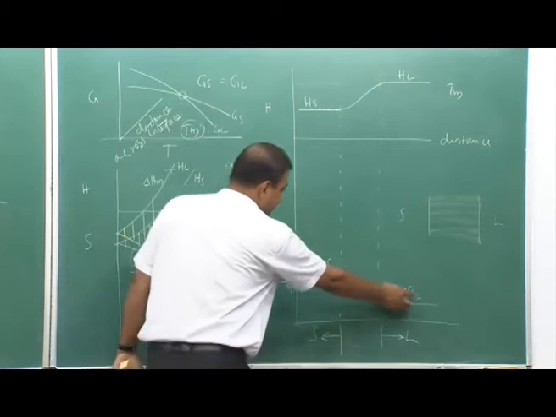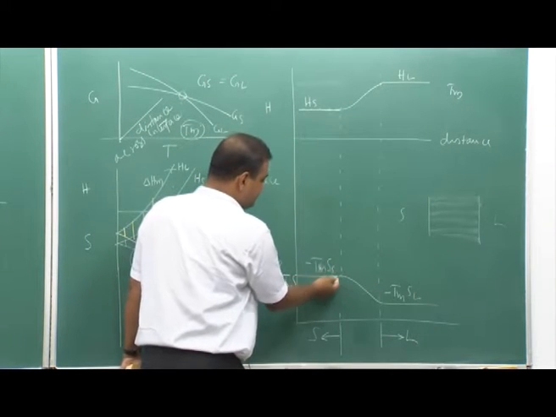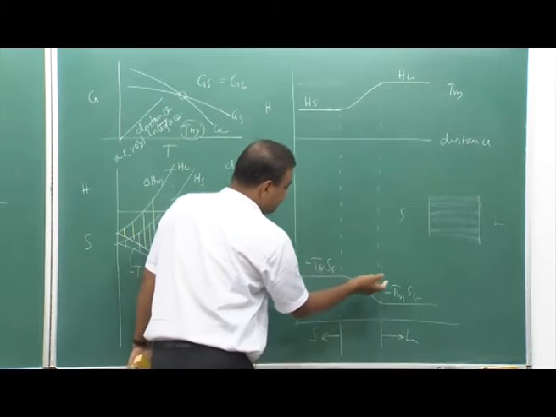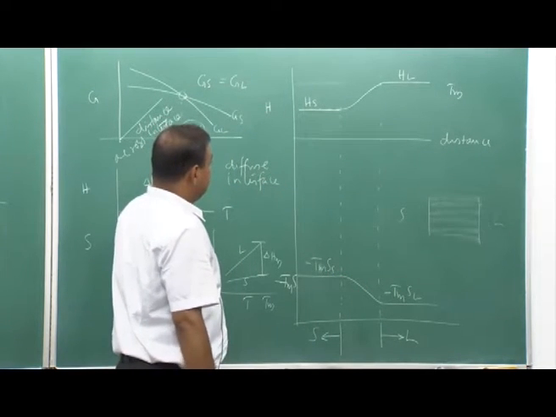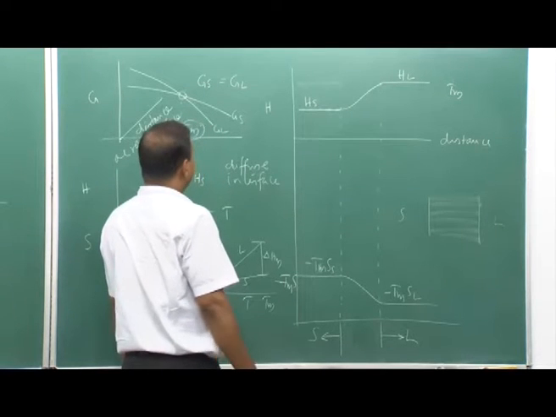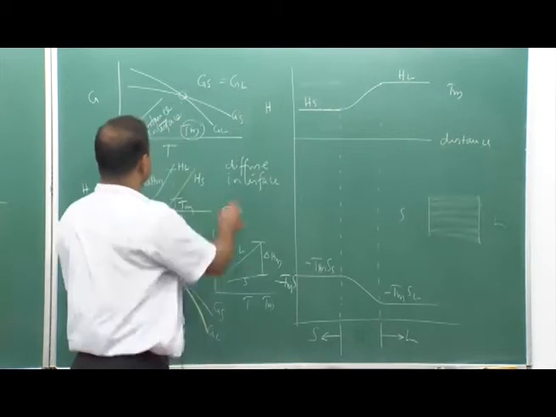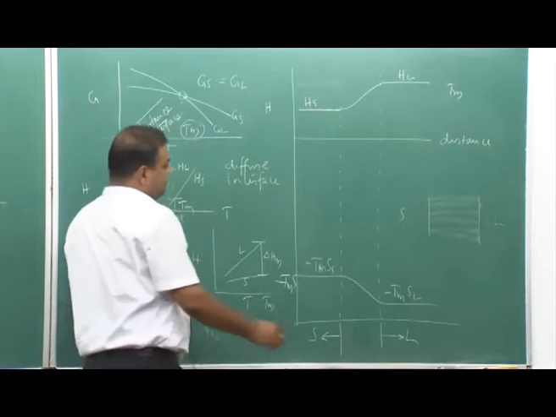The T l is higher than T s, and that is why minus T m s s would be higher than minus T m s l. Now, if we see the variation of G L across at this point, they are the same.